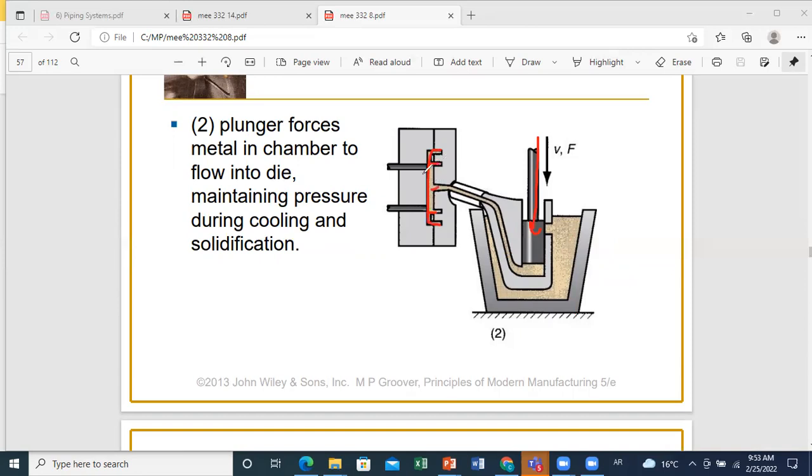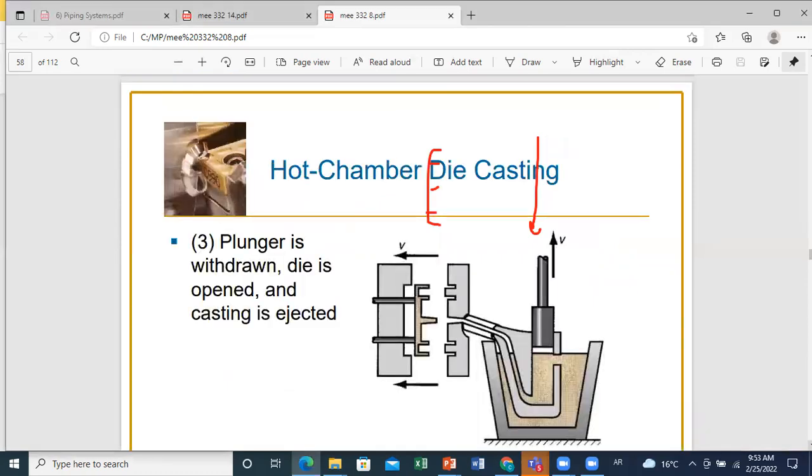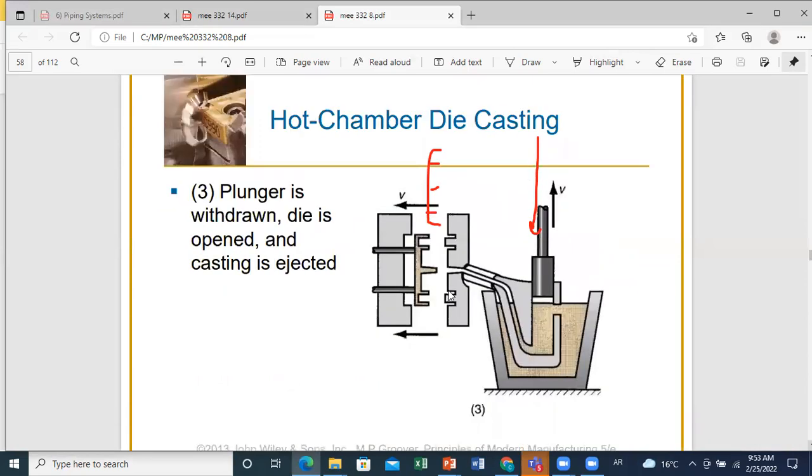So the solidification will take place under large pressure, which will lead to enhanced mechanical properties of your final product. Once this process is done, the plunger is withdrawn and the die is opened, which will allow ejecting the final casting.